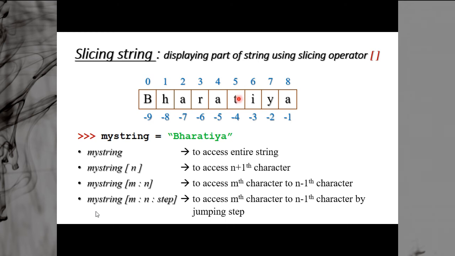Before 6 is Bharat. Before 6 is 5. If I write my string 0 colon 5, it will be Bhara, B-H-A-R-A, not including the n, right? If you say m colon n, you will access from the mth character to the n minus 1th character.